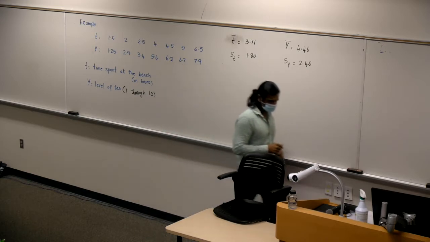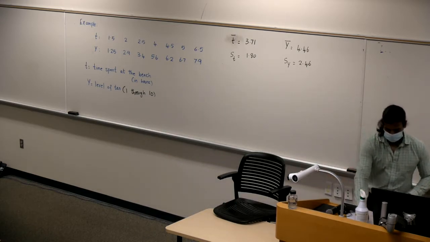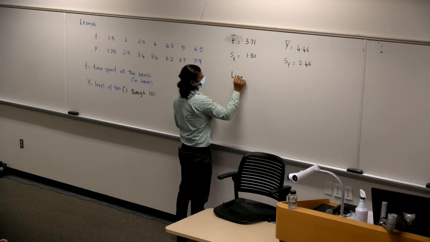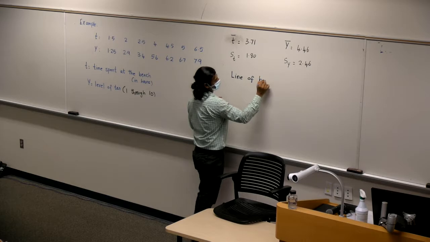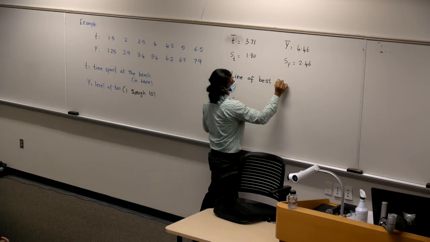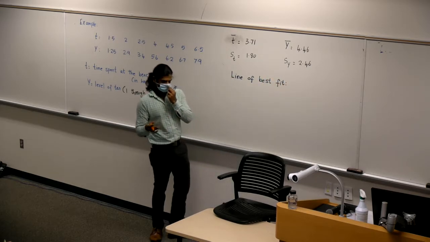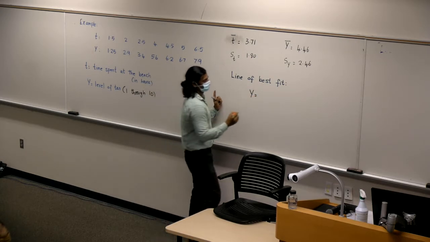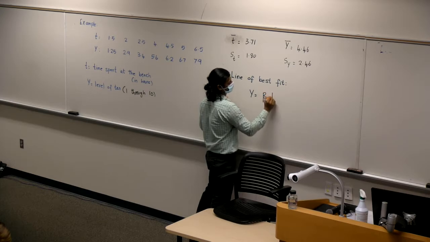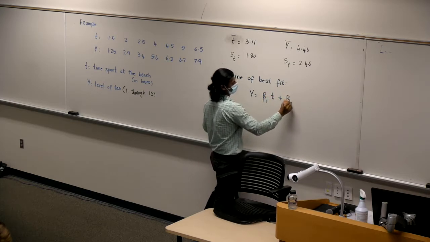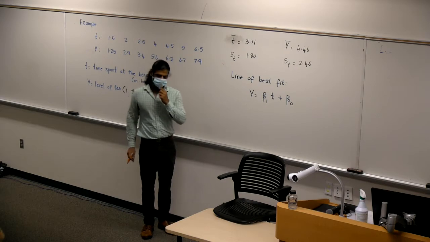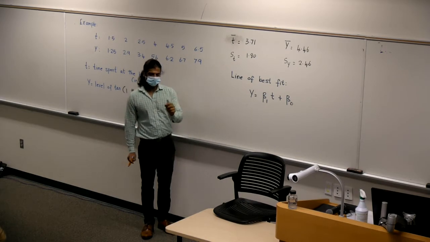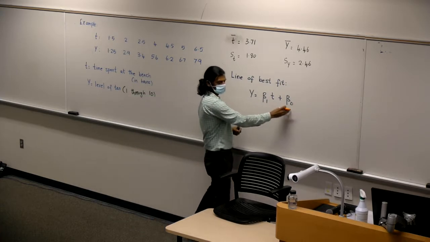Why? From last time, the line of best fit in this case would be Y equals beta 1 t plus beta naught. And we want to estimate the values for beta 1 and beta naught.